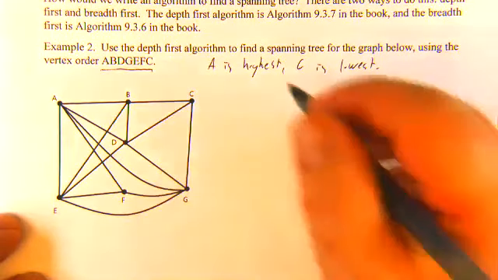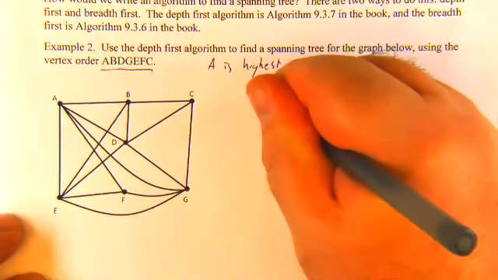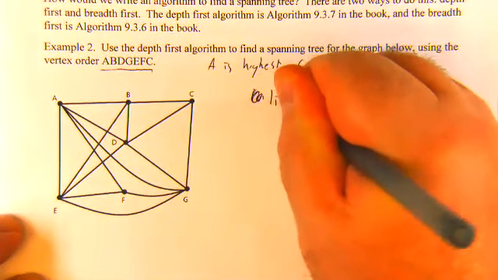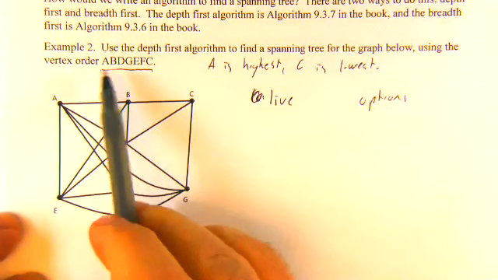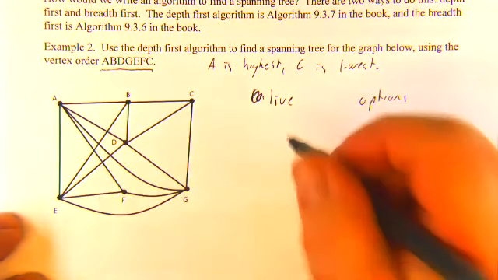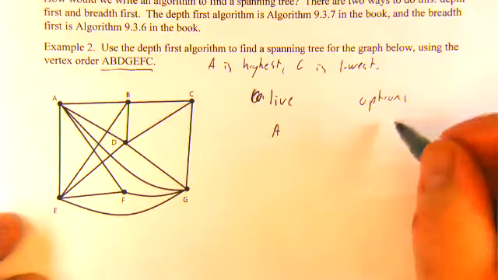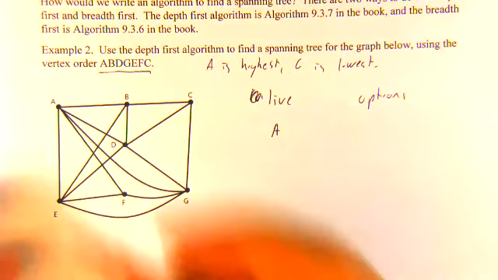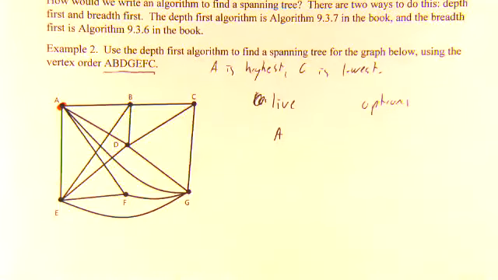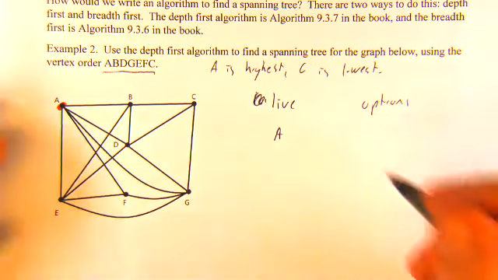So depth first says, where do you start? You start at the highest ordered one, so we start at A. What are the options to go from A? Whatever vertices are connected to it. So we started at A, and what are the options from A?